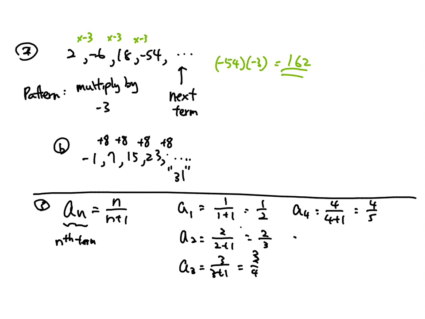And a sub 5 is 5 over 5 plus 1, which is 5/6. So this is how you figure out the terms. For the next one, we want a sub 18. That'll be 18 over 18 plus 1, which is 18 over 19. The goal is for you to know how to find the terms when you're given a formula.